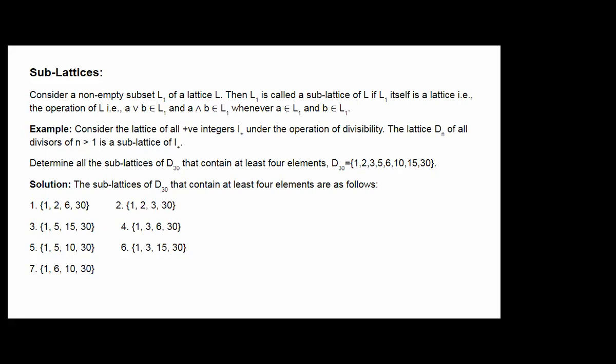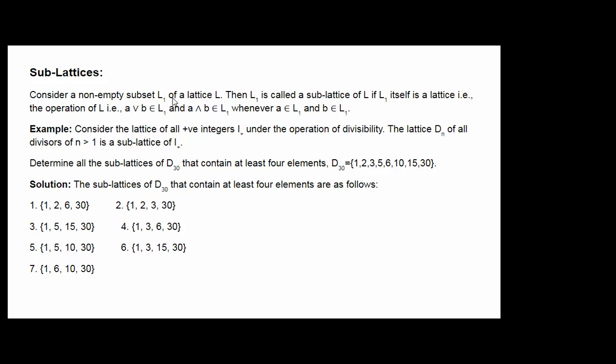Consider a non-empty subset L1 of a lattice L. Non-empty subset L1 of lattice L means L1 is a subset of L. Then L1 is called a sublattice of L if L1 itself is a lattice under the operations of L, that is, A union B belongs to L1 and A intersection B also belongs to L1, whenever A belongs to L1 and B belongs to L1.